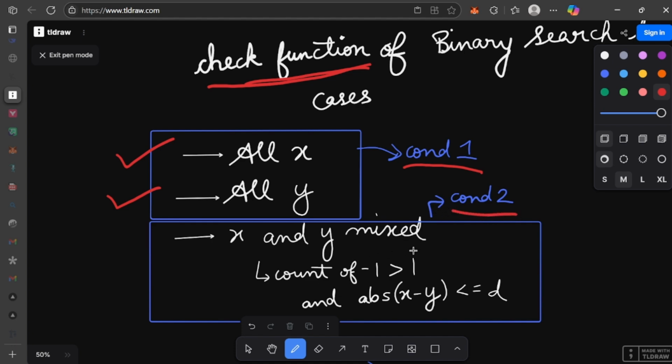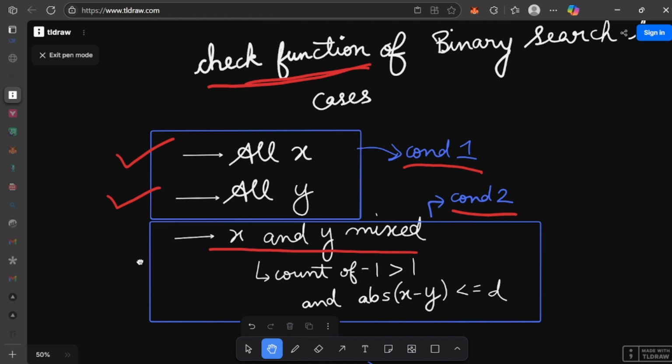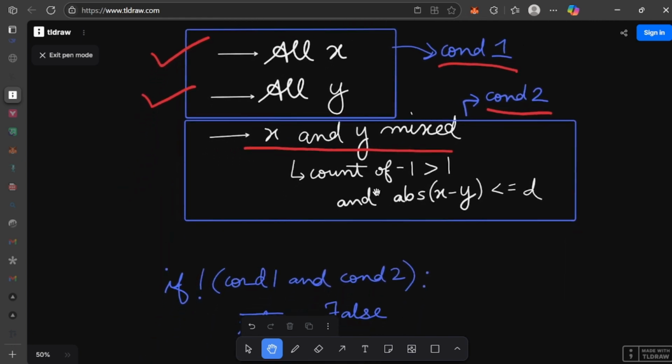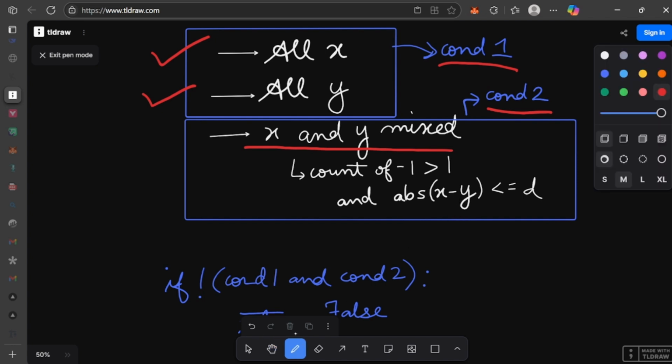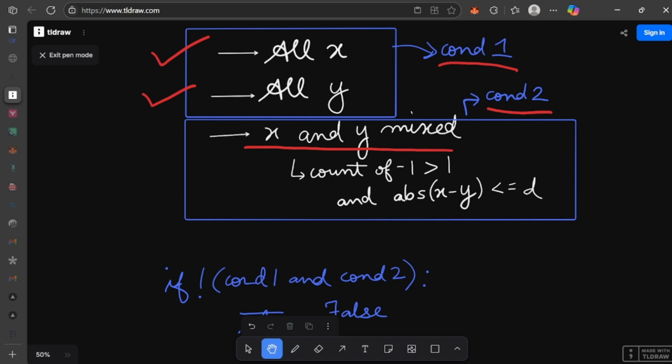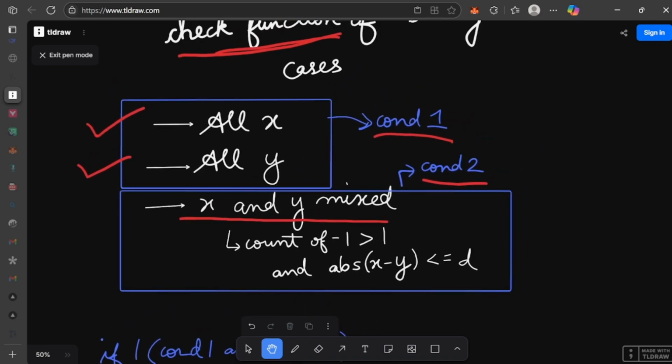Condition 2: we are doing x and y mixed. Now if the count of the negative ones is greater than 1, we also have to check that the absolute x minus y is less than or equal to d. This is condition 2.